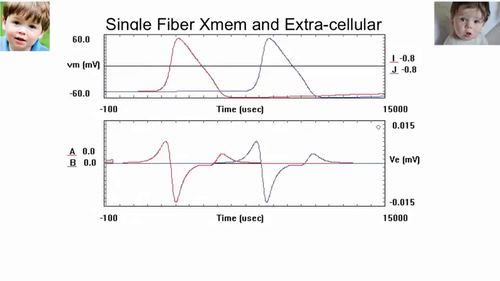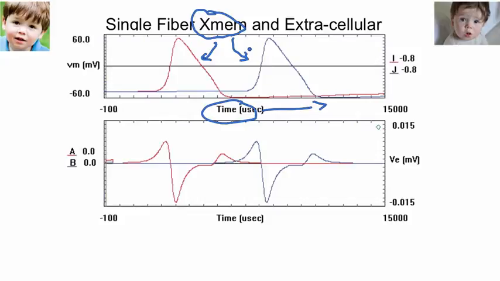On the top trace, we have the waveforms versus time going this way. And these are transmembrane waveforms. Here it is on the left, and here it is on the right. These are very familiar action potentials because of our previous work.